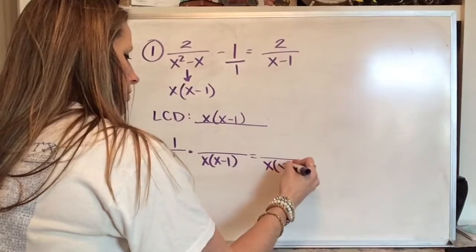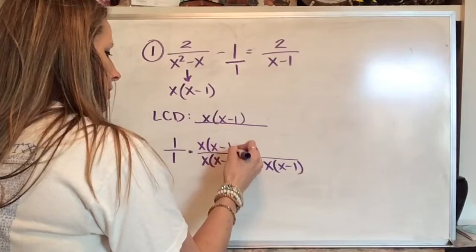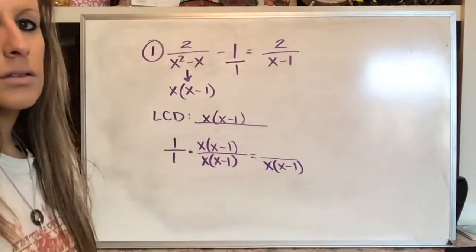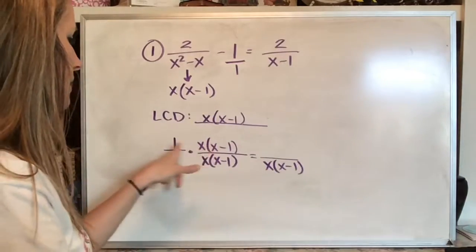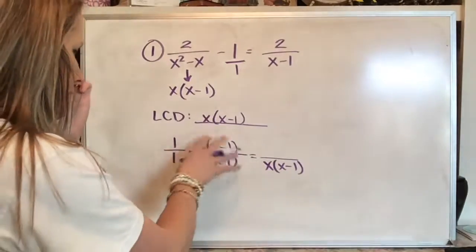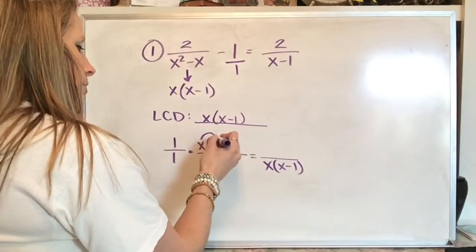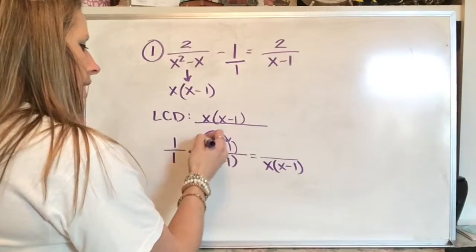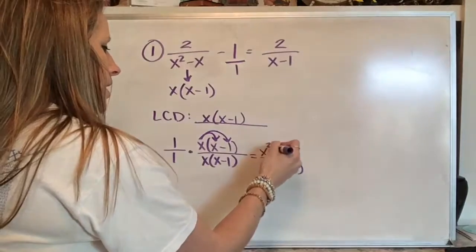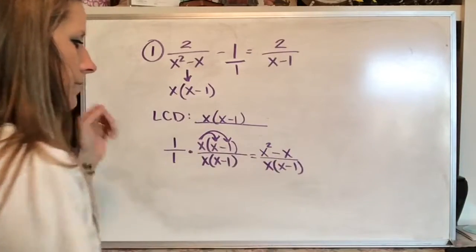Okay, what you do to the bottom, you have to do to the top. Okay, so if we multiply this times 1, 1's not going to change anything, right? You'll still get the same x minus 1. So let's go ahead and distribute that x. So x times x is x squared. X times negative 1 is negative x.